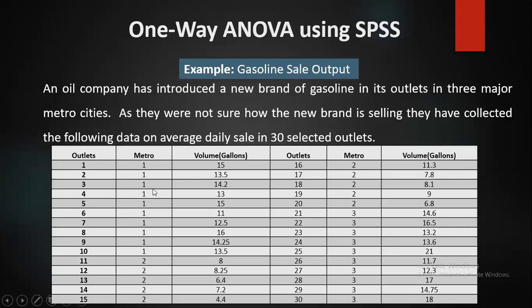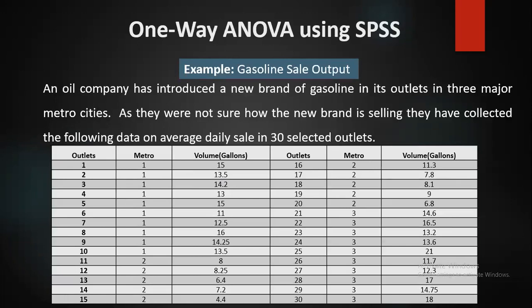And the volume, that is the sales output of this gasoline in volumes, is our dependent variable. There are in all 3 metro cities, so 3 factor levels of our independent variable.